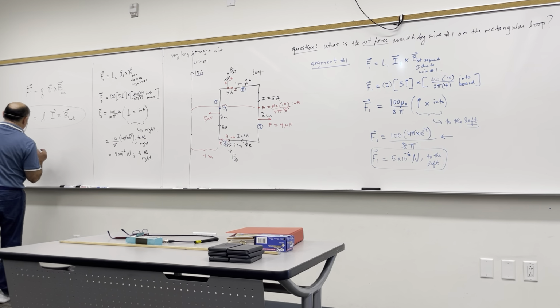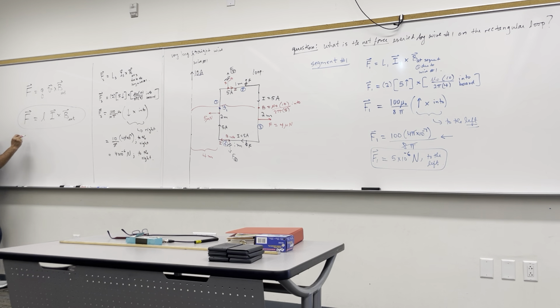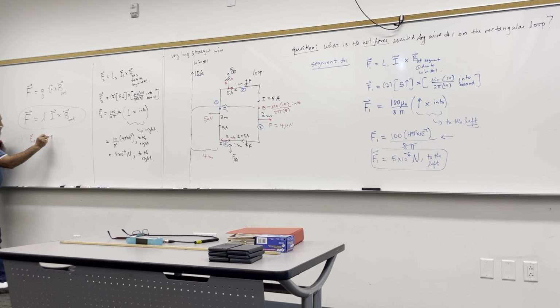So the net force equals the force on segment number 1 plus the force on segment number 2 plus the force on segment number 3 plus the force on segment number 4.